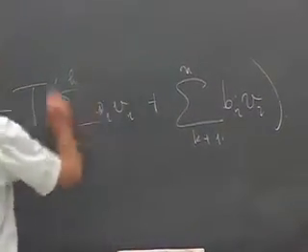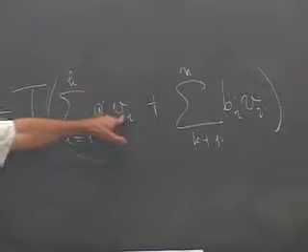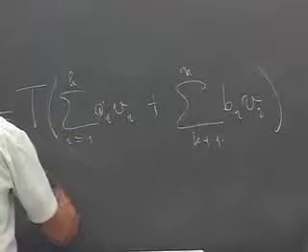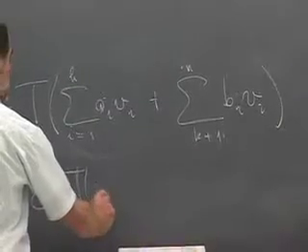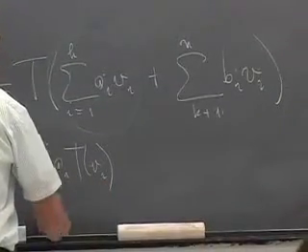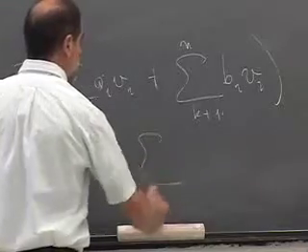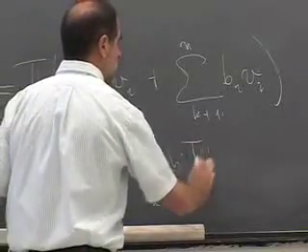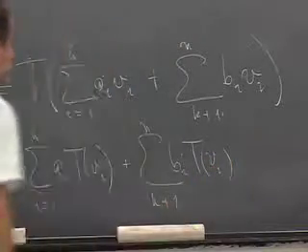Because T is a homomorphism, this is the summation of a_i T of v_i, i equals 1 to k, plus the summation from k plus 1 to n of b_i T of v_i.